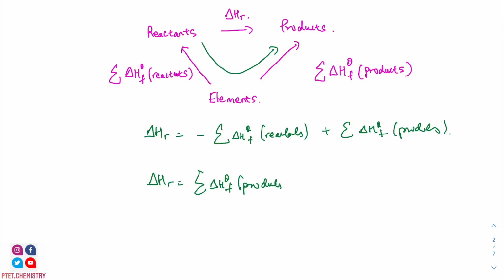But then you need to know what exactly of the product. So we're talking about the sum of the formation of the product minus the sum of the formation of the reactant. I've just rewritten it so that I get the positive term in front and the negative term as a second expression, because this is the Hess cycle.